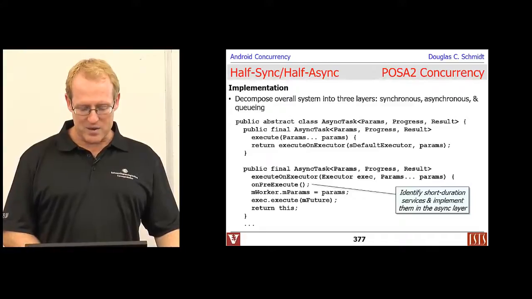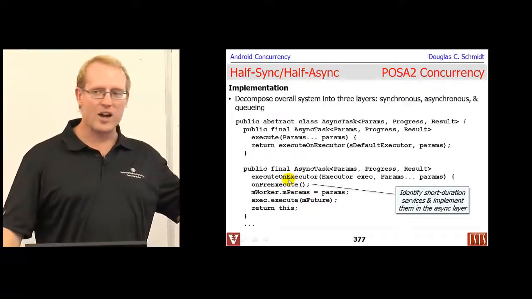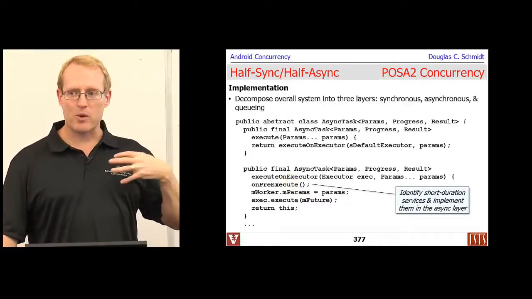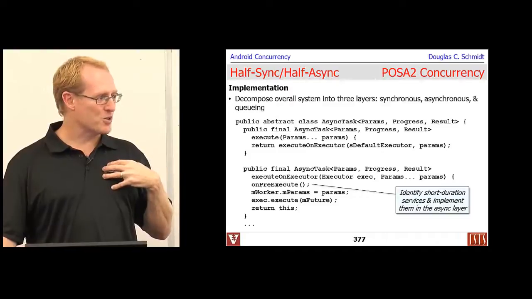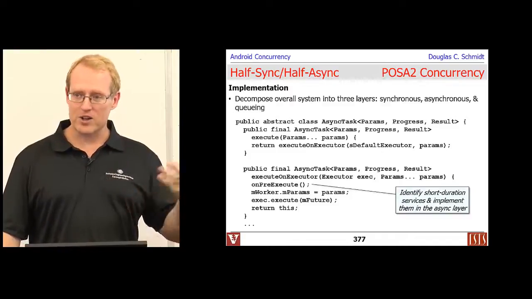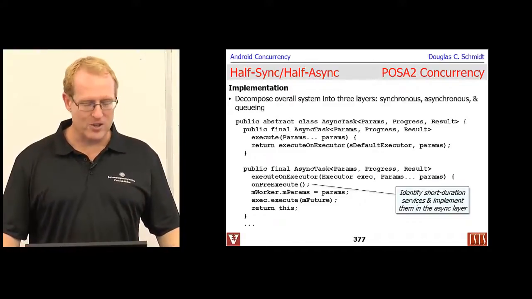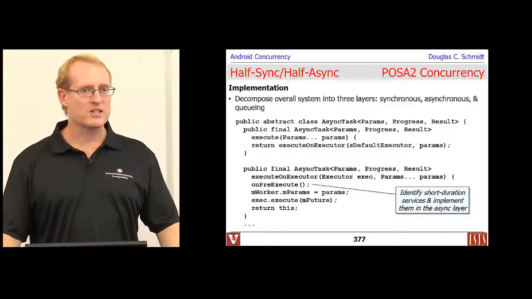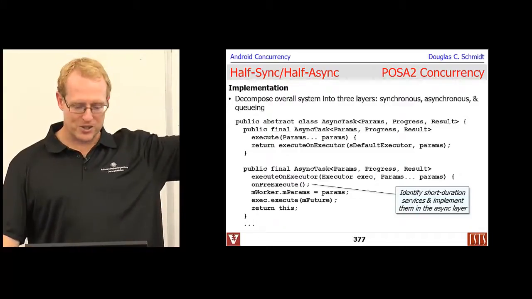And then executeOnExecutor does the following. It turns around and does a bunch of stuff, and it calls onPreExecute. So keep in mind, we are in the user interface thread of control at this point. So that's where that onPreExecute hook gets called back.